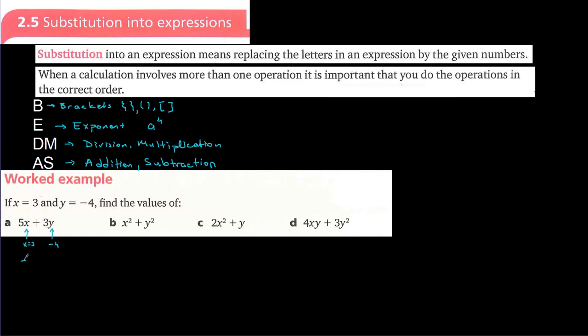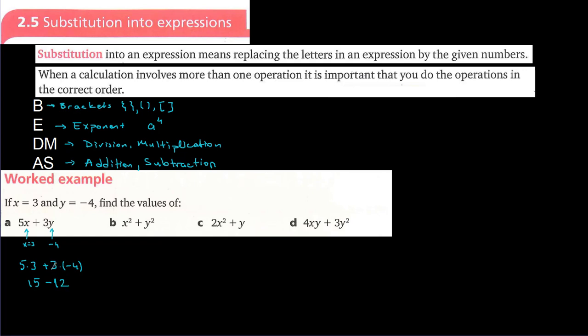So it's going to be equal to 5 times 3 plus 3 times y, which is replaced by (-4). Since the number is negative, I'm writing it in parentheses. 5 times 3 is equal to 15, and 3 times -4 is going to be equal to -12.